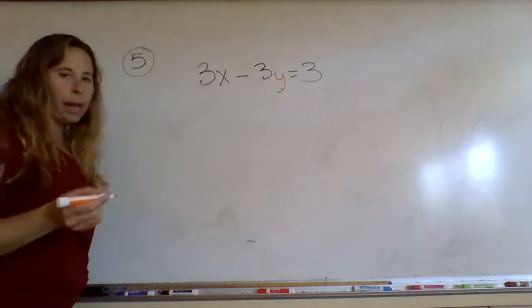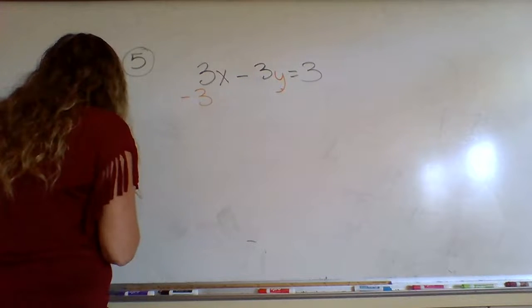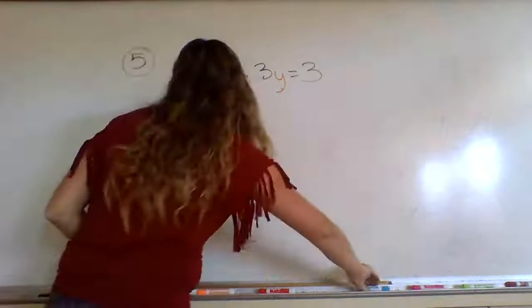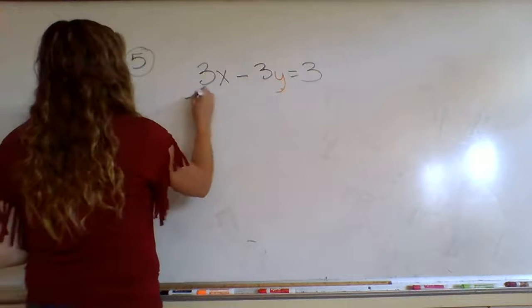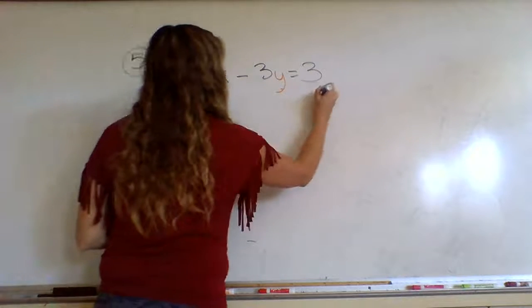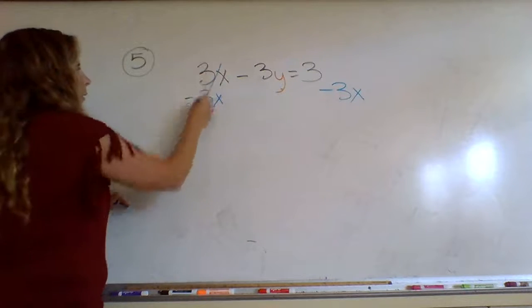So similar to last time, we're going to subtract 3x. Oh, not in orange. We'll do it in blue. Sorry. Okay, 3x minus 3x is 0.